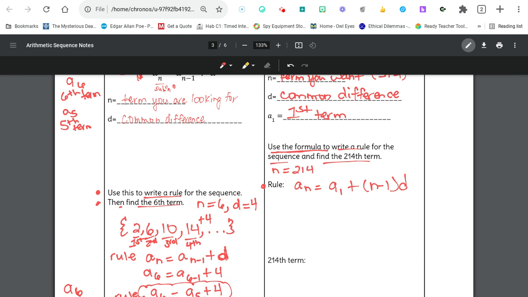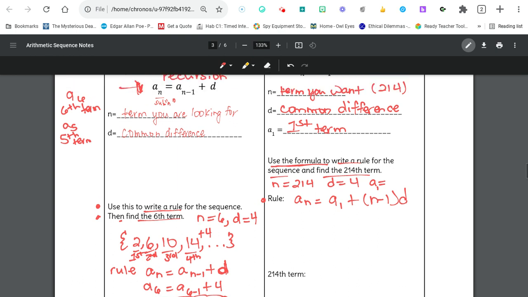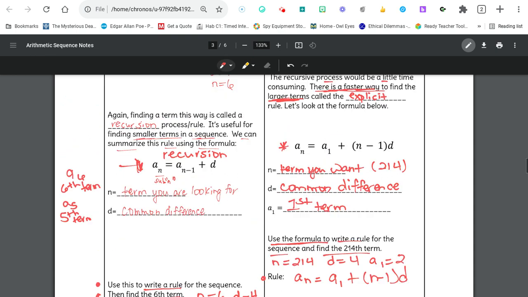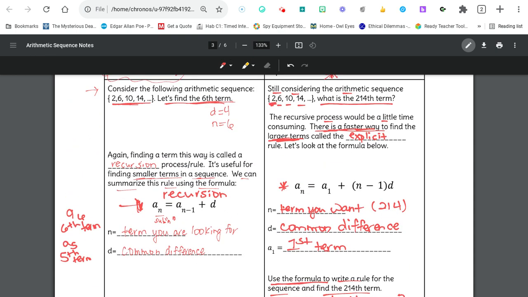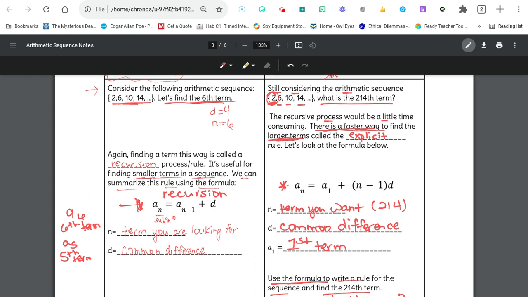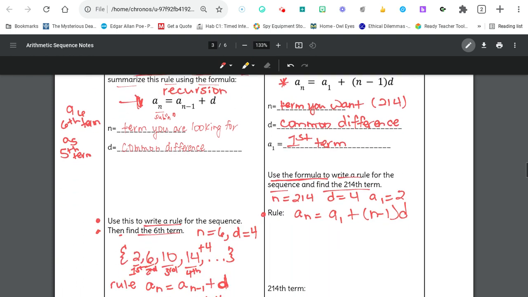The 214th term. What is d? 4. What was the first term in this sequence? A sub 1 equals, I think it's 2. See, the very first term was 2. So a sub 1 is 2, okay?